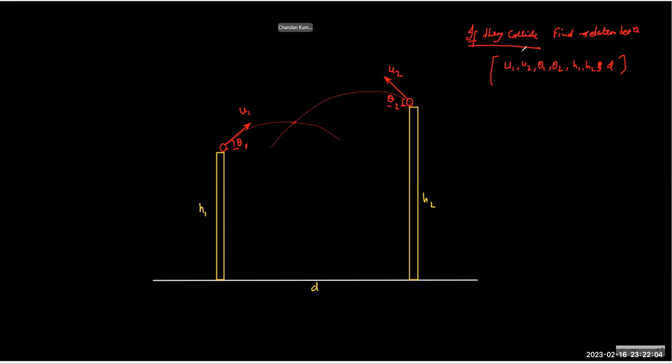Done. Okay. So what is the relation? We can get two equations. First equation we can write as (v1 cos theta 1 plus v2 cos theta 2) into t, assuming that t is the time before colliding, equal to d. And one more equation we'll get is (v2 sin theta 2 minus v1 sin theta 1) into t must be equal to h2 minus h1.